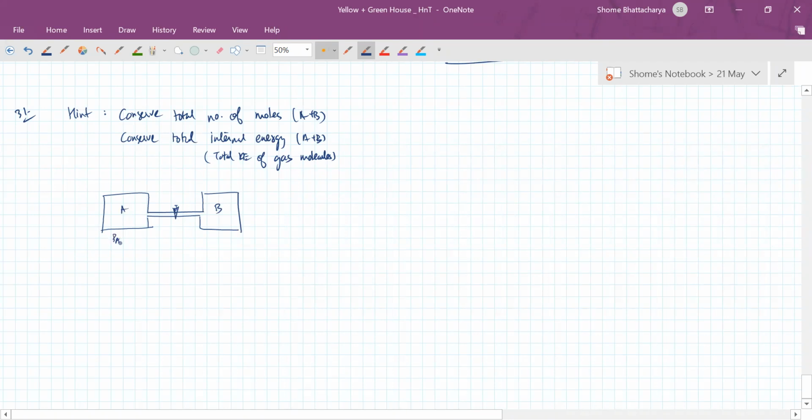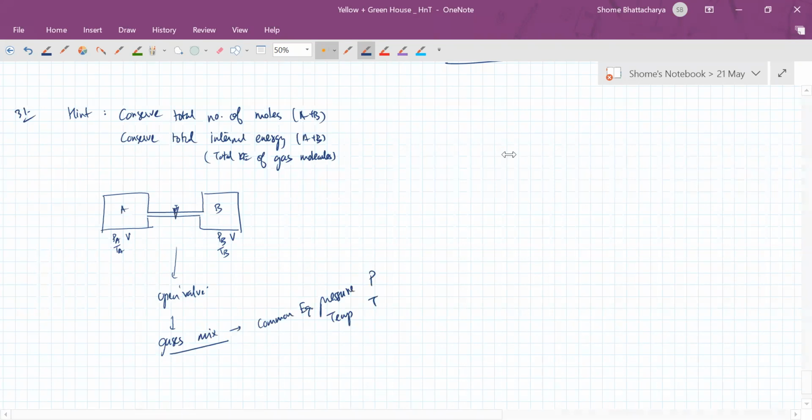So PA, V and TA, PB, V and TB initially. Now after opening the valve, the gases mix. So they reach a common equilibrium pressure and temperature T. So we have to show that P by T is equal to this much.